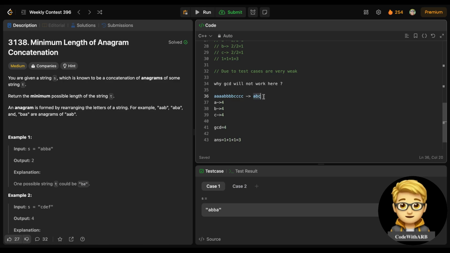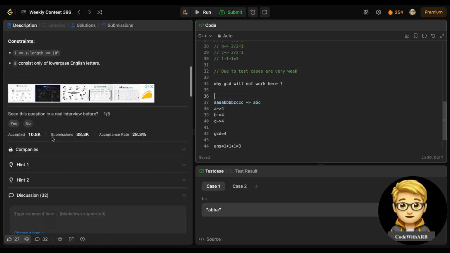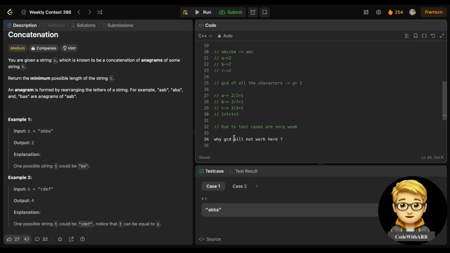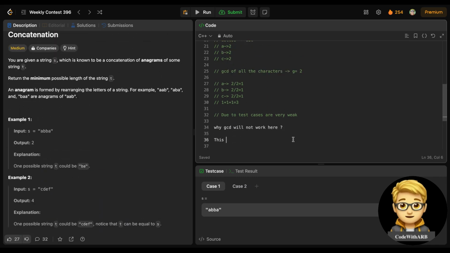If I concatenate all the strings ABC, CBA, ABC, will I get this? No, of course not. So this is the edge case which is missing in this problem. So this GCD will not work here.